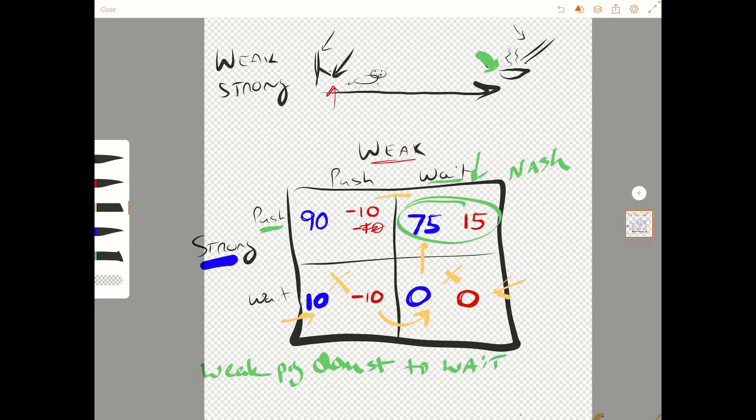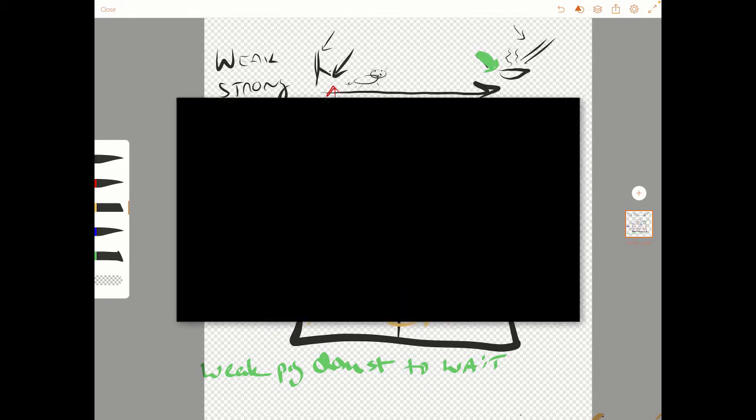And if we're up here in the push-push, the weak pig can say, I'm not pushing anymore, I'm going to wait, I'll move over here. So this box is not a Nash equilibrium either. So we have a Nash equilibrium because one player has a dominant strategy and it makes sense for the second player to do the best thing for them given that dominant strategy.